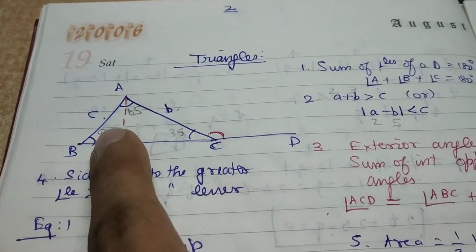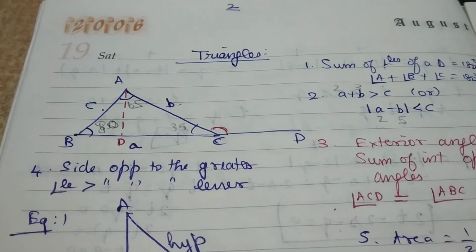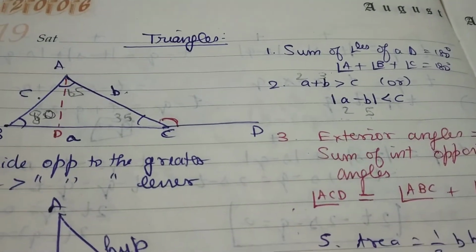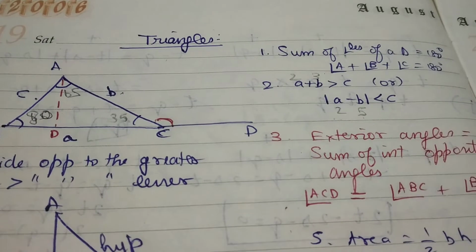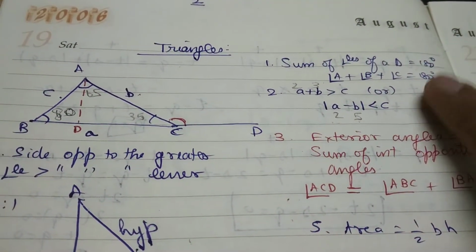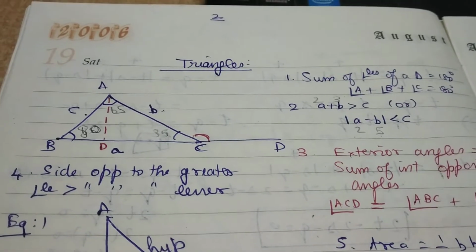If you add all three angles, then the sum of all three interior angles will be 180 degrees. So this is one of the properties of a triangle. The sum of the interior angles will always be equal to 180 degrees, not more than that or less than that.